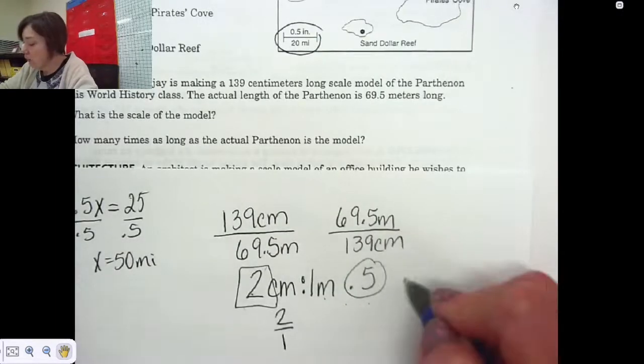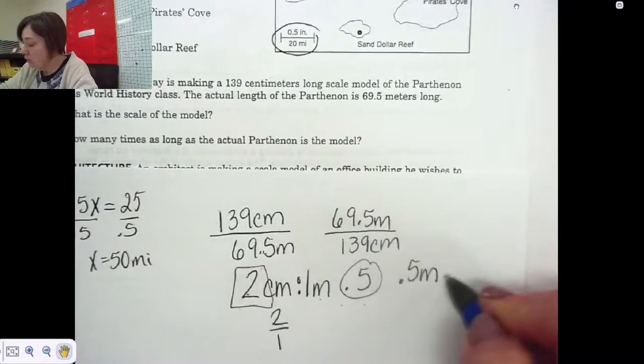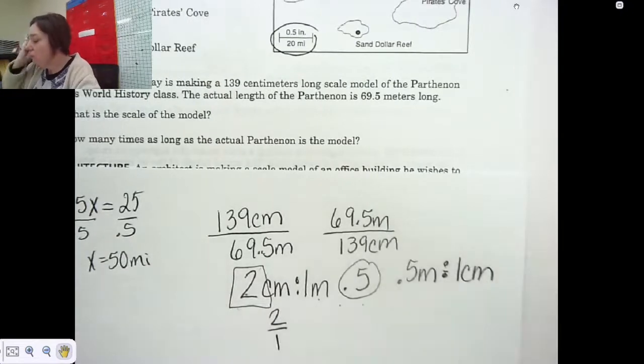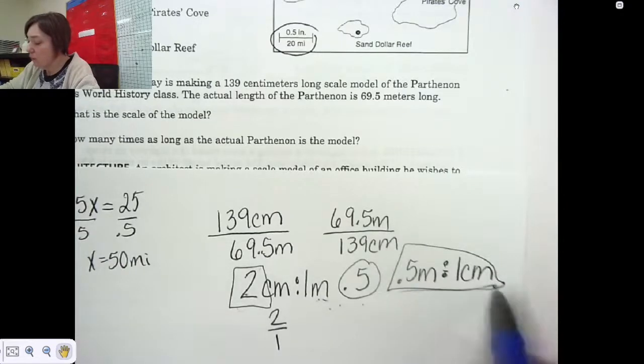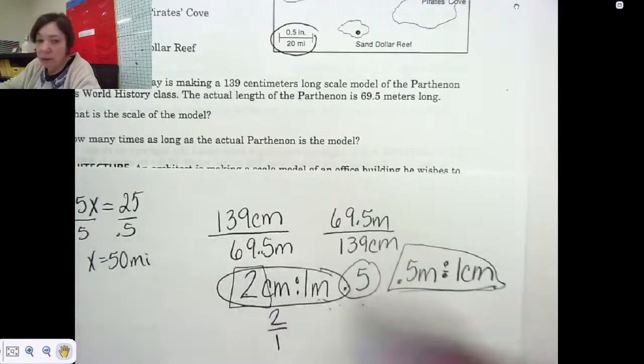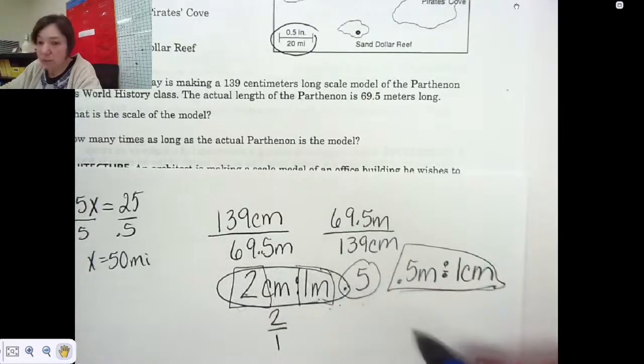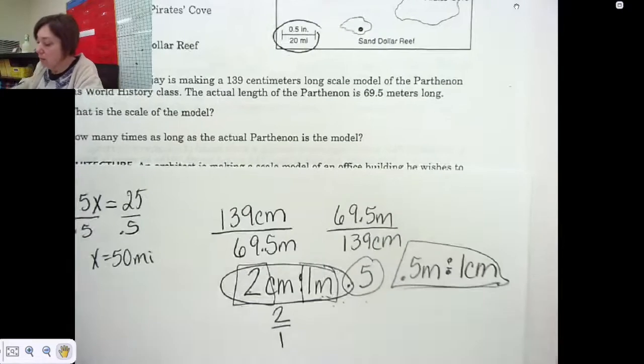This says that for every 0.5 meters, you have 1 centimeter, right? So you could set it up either way and show the answer either way for this. But what we want is this one. We want the one that says 1 meter is 2 centimeters. Okay? All right.